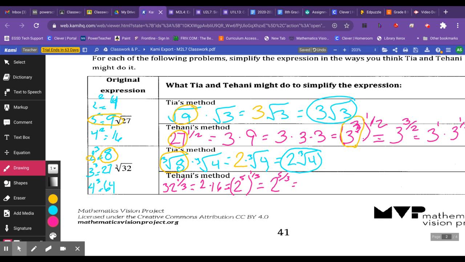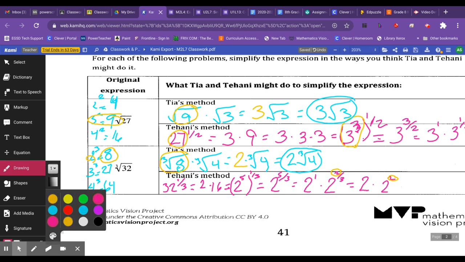Okay, I can split that up. My improper fraction turns into 2 to the 1st times, what do I have left over? 2/3. So 1 2/3 is the same thing as 5/3. So I have 2 to the 1st power, which is 2, times 2 to the 2nd power, because that's my numerator.